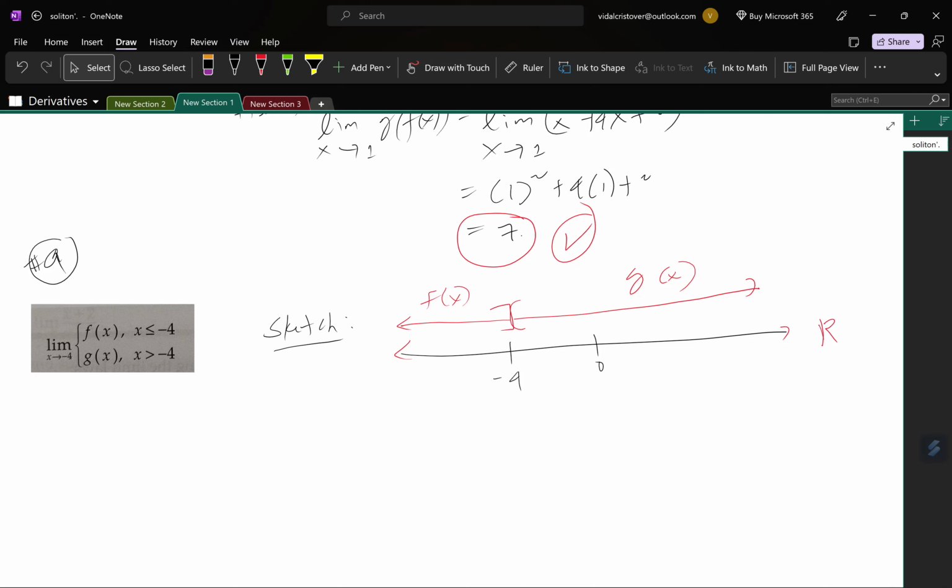Then the question is whether the limit of this piecewise function exists as x approaches negative 4. So, what we will do is consider two cases.